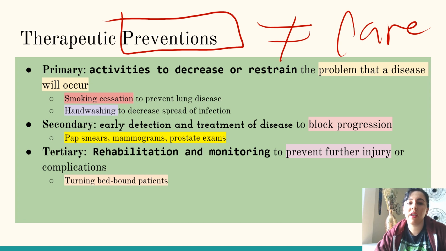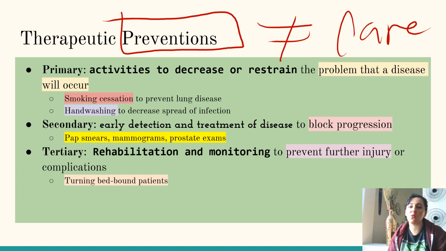Okay, so then we have tertiary prevention. This is rehabilitation, this is monitoring. This is where you prevent further injury of your disease or your condition. Basically, at the tertiary level of prevention, you already have the disease, you already have your health problems, it's already taken effect, and you're probably already receiving treatment.